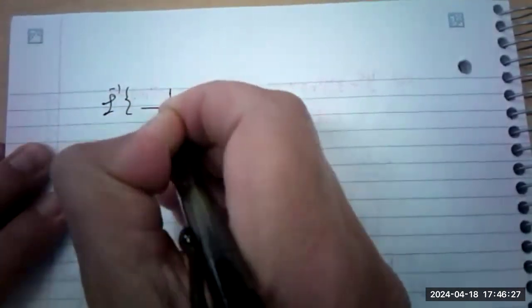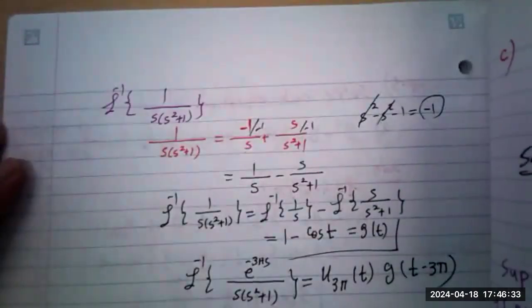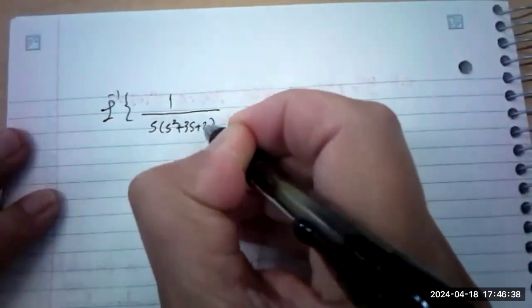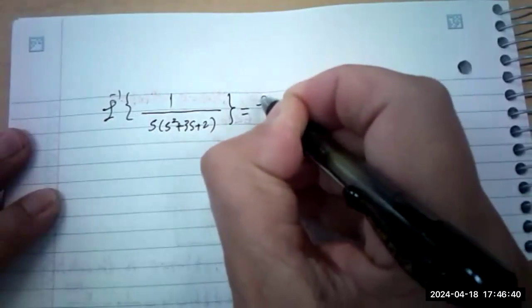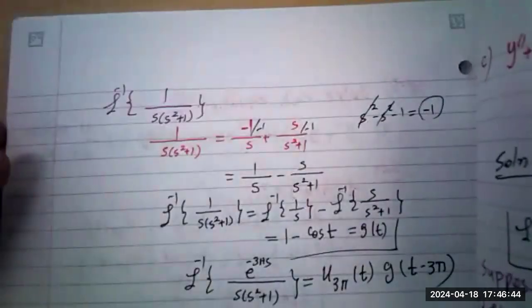So this is the Laplace inverse of that function that we start with, okay? So the Laplace inverse of 1 over s squared plus 3s plus 2 is going to be equal to the Laplace inverse of the first one, A1.